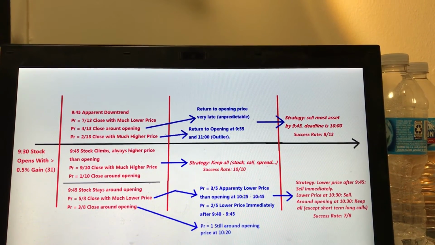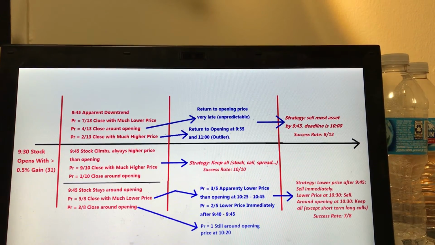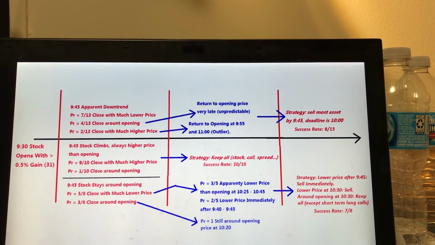Or if you see a lower price at 10:30, you should also sell.